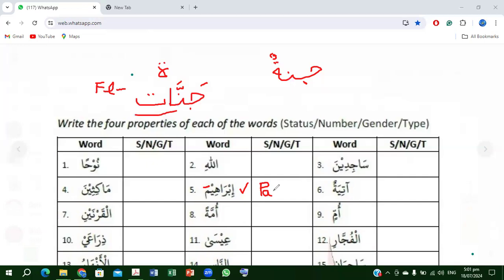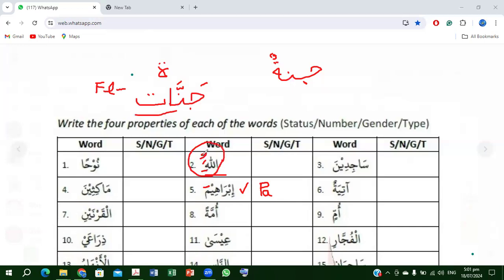According to status, there are 3 types of nouns. For example, the word Allah. It can be Allah, like ittaqullah, khalaqallahu, it could be Allahu, and it could be minallahi, with kasra, fatha, dhamma. It could be with all 3 harakat.